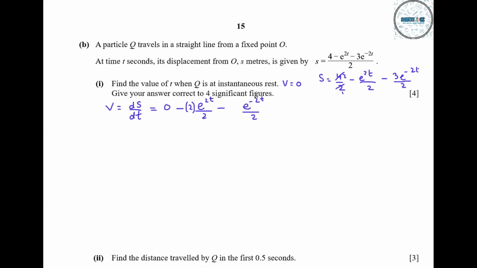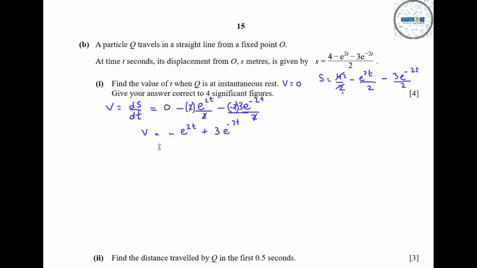When we differentiate minus 2t, this will give minus 2. So we will have velocity is equal to this, and this will be cancelled out. Minus e power 2t. Minus minus will become plus, and this 2 and 2 would be cancelled out. So it will be 3 e power minus 2t.